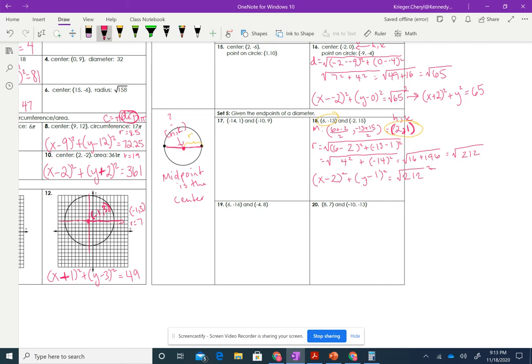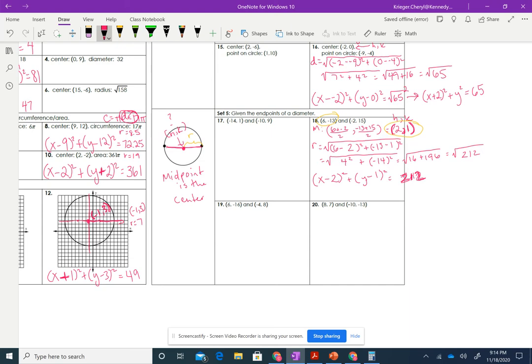And remember, the squared cancels the square root, so that is just 212. All right. Hopefully you guys think this is easy. It's all math that you know how to do, so really we're just plugging into a formula.